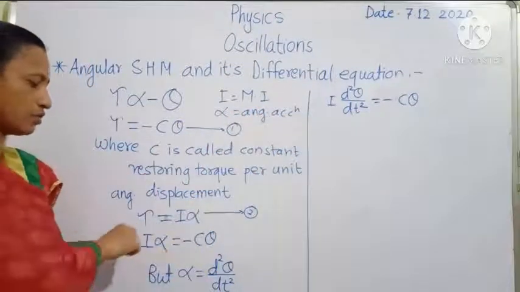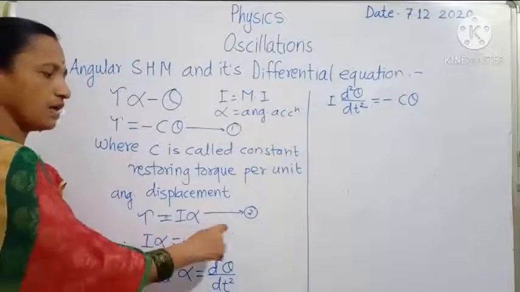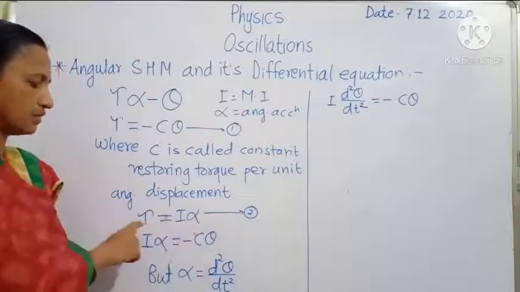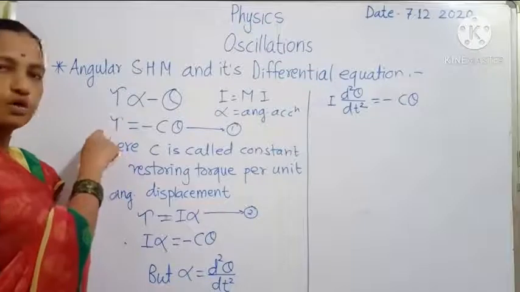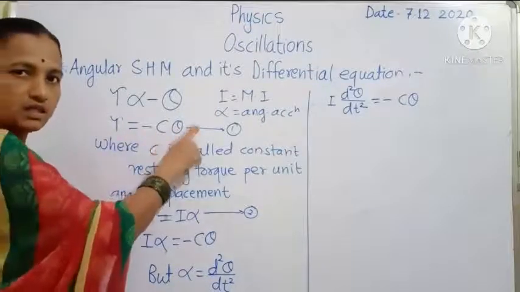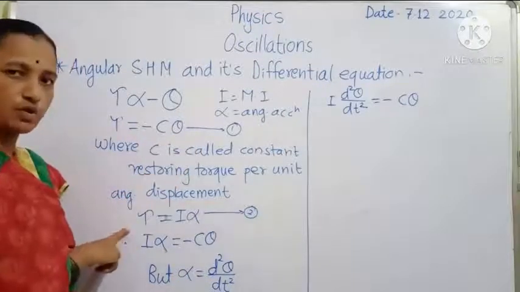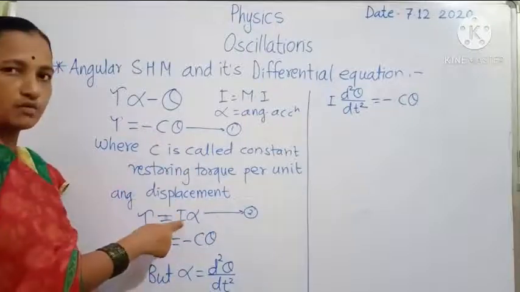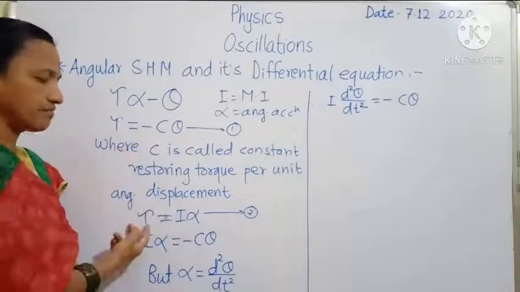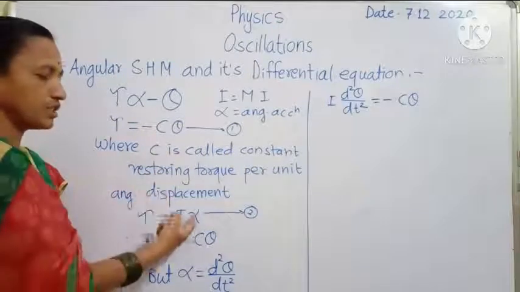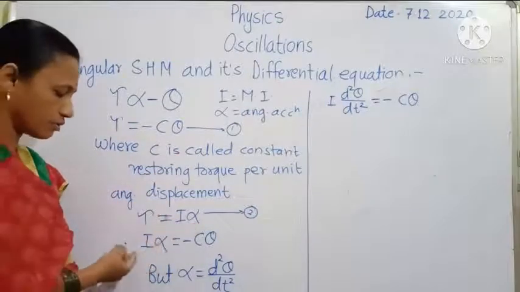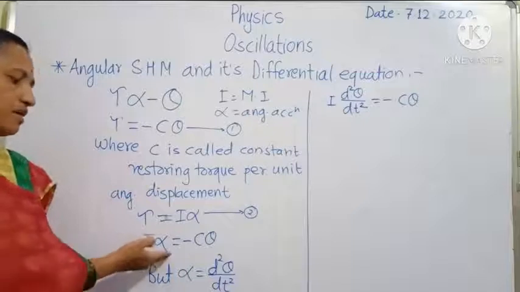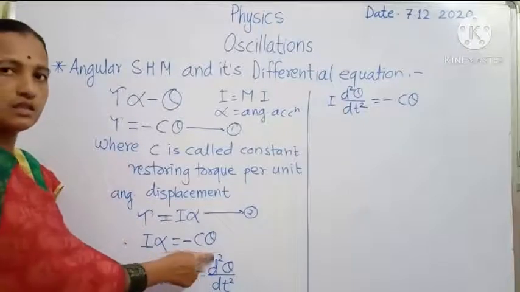Here we have tau is equal to minus c theta, and here tau is equal to I alpha. Comparing these two equations, the left side is equal, therefore the right-hand side is also equal. Hence I alpha is equal to minus c theta.